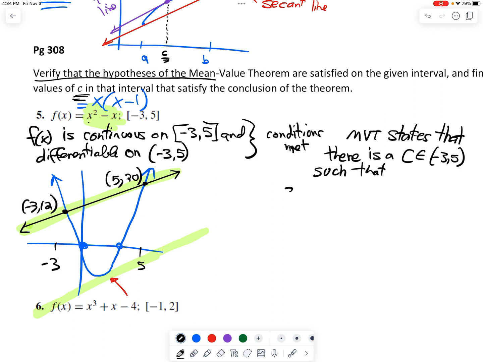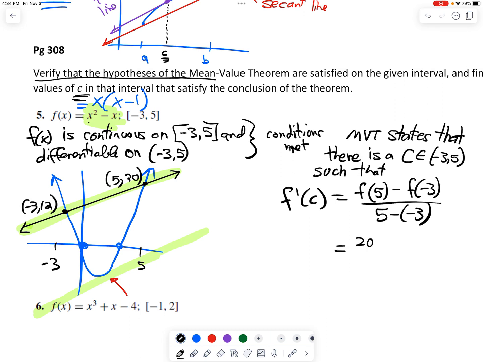The slope of the tangent line is f prime of c, and the slope of the secant line is rise over run. f of 5 minus f of negative 3 over 5 minus negative 3. So now we take that starter of the mean value theorem and we work on it. Let's go with the right side first. f of 5 is 20. f of negative 3 is 12.